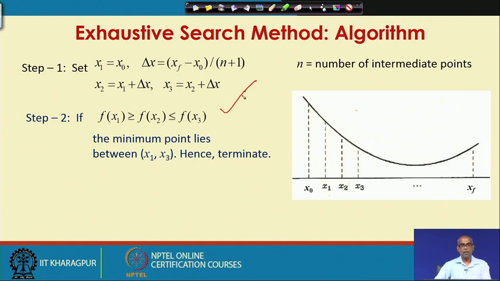That means, if the value of the objective function at x2 is bracketed by the values of the objective function at x1 and x3, the minimum point lies between x1 and x3. This is again due to the unimodality assumption of the function. So, if this is satisfied, we terminate the algorithm, that means we stop.